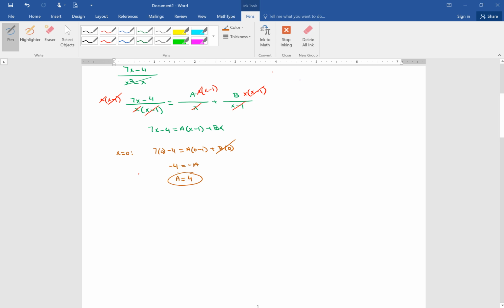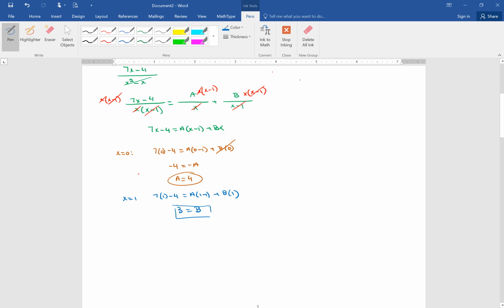What can I choose to make the a go away? 1. So let's put in x equals 1. 7 times 1 minus 4 is equal to a times 1 minus 1 plus b times 1. So 3 is equal to b, and b is 3.